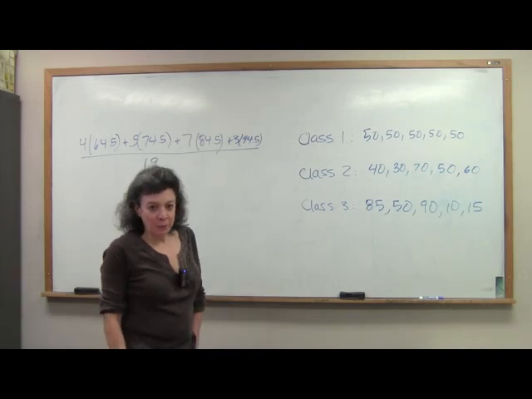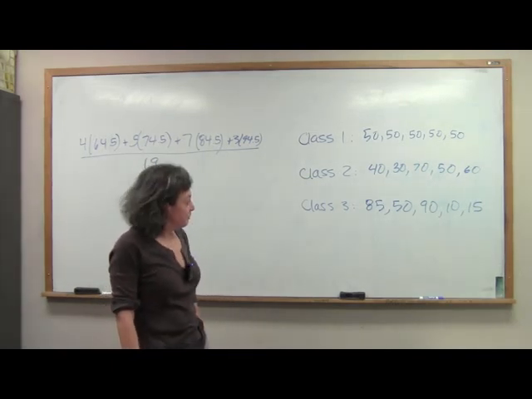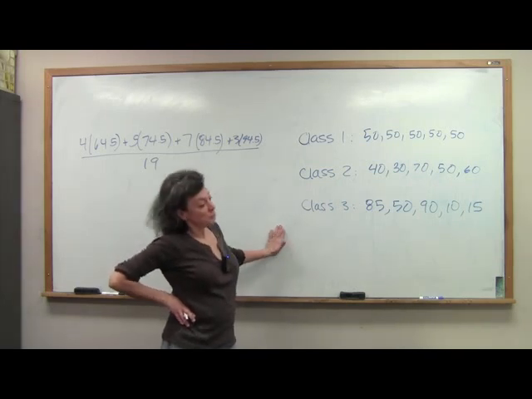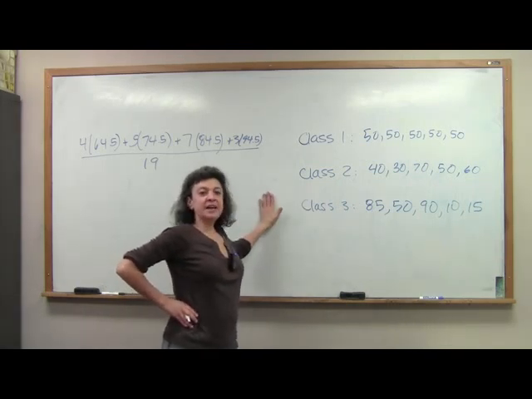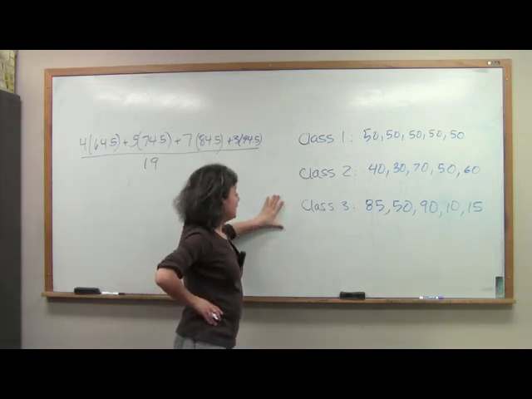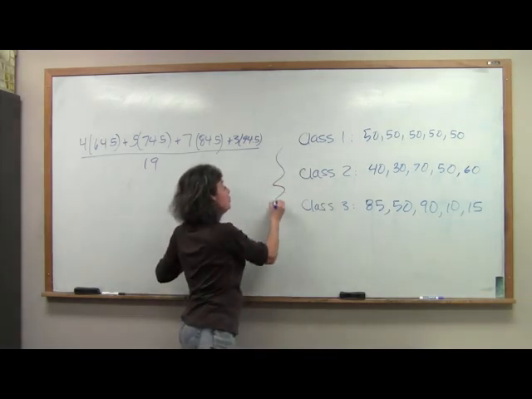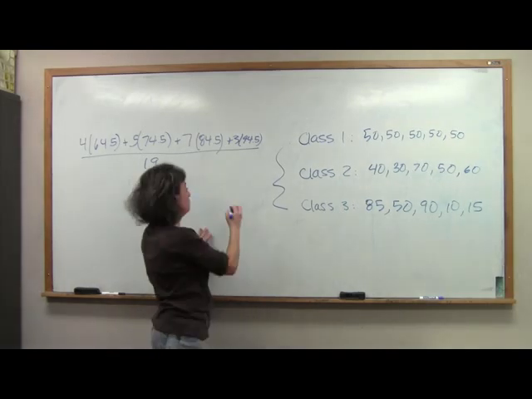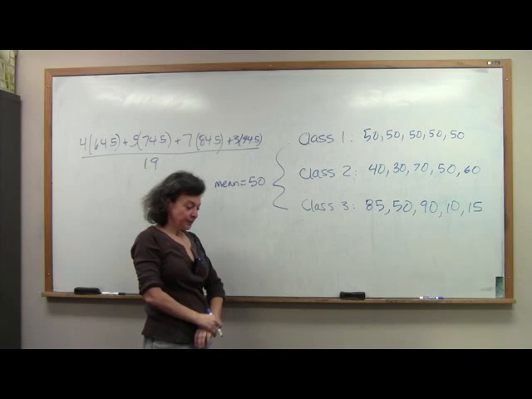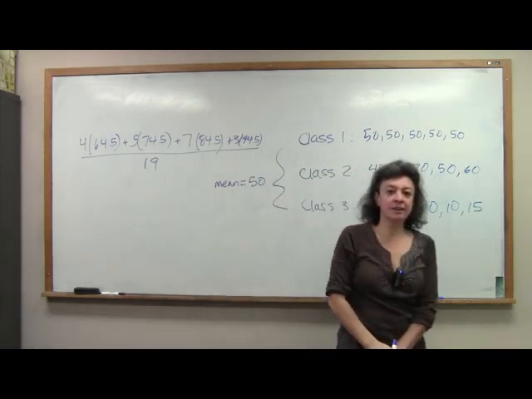Now, we can think what we want about each of these classes, but suppose this is exactly what happened, okay? And suppose I ask myself, well, let's find the class average. I claim with each one of these classes, if I computed the mean, it would be the same for each. I would have a 50.